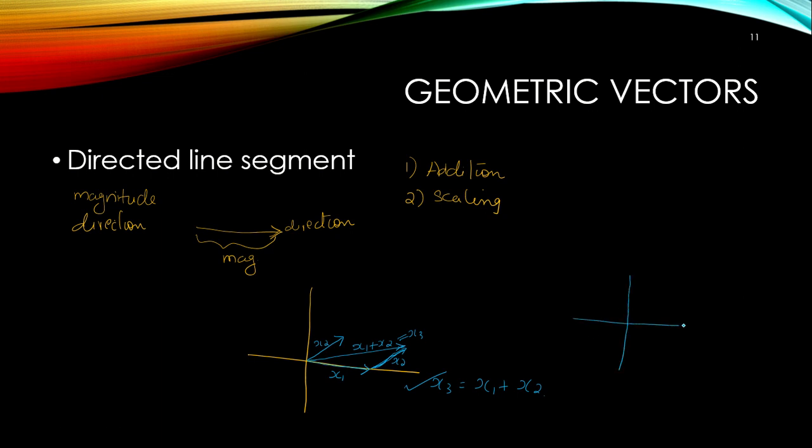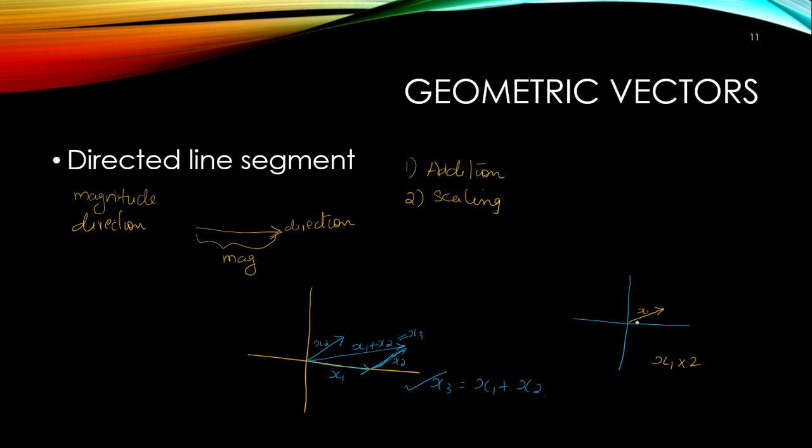So we have the xy plane, and I have a vector called x1, and suppose I want to multiply this x1 with 2. When scalar multiplication is done, the length, or the magnitude, of the vector is multiplied by 2.